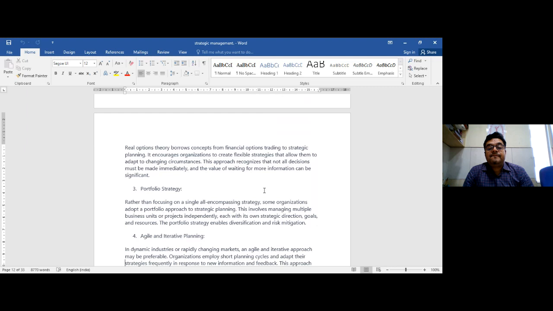Now, this also greatly would involve dealing with different strategic business units, managing multiple business units or projects independently, each with its own strategic direction in terms of goals and in terms of resources.